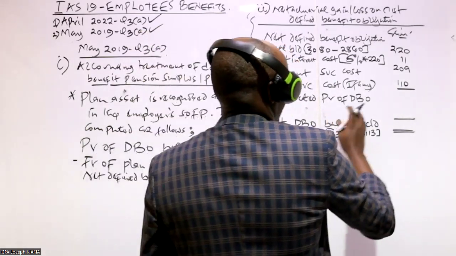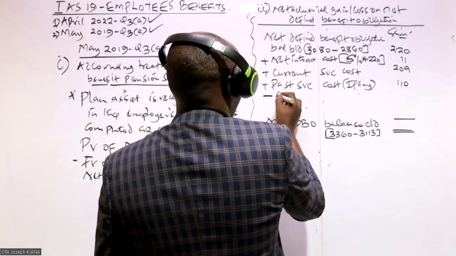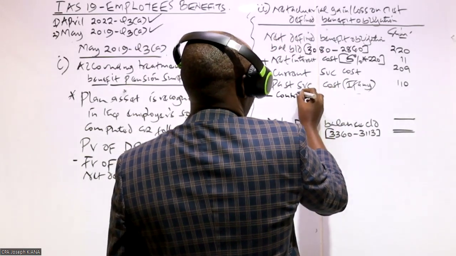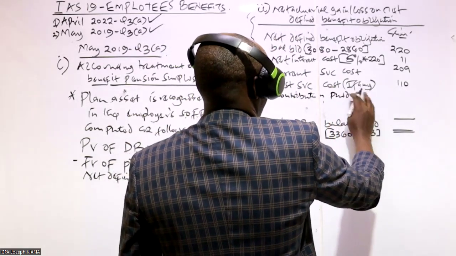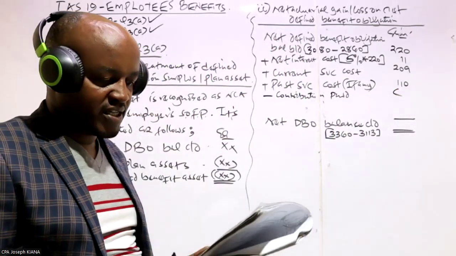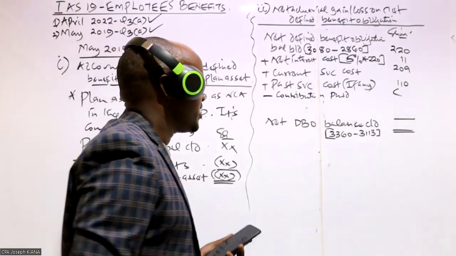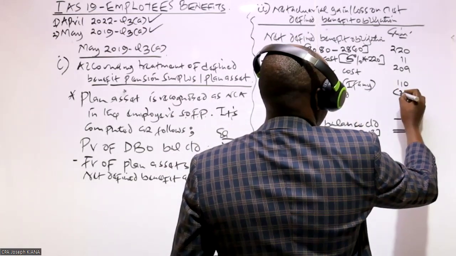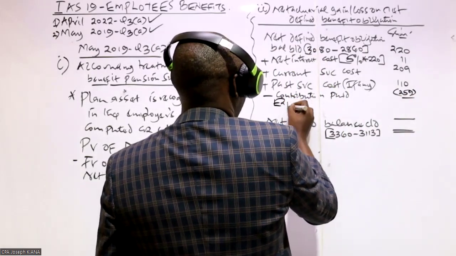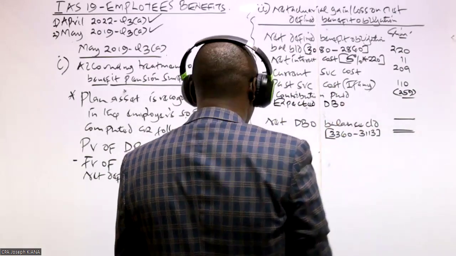minus, there is something we have omitted here. We need to deduct the contributions, the contribution paid to the scheme. That one is given as a figure of 259. 259 should be deducted here, and whatever you get here is the expected defined benefit obligation.